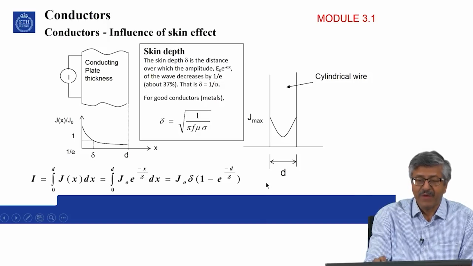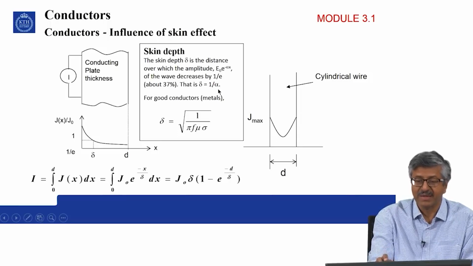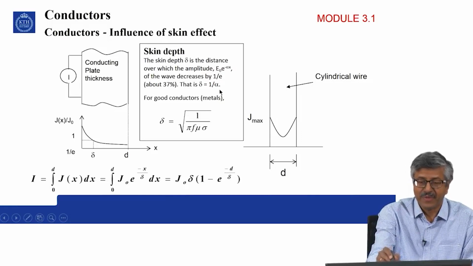If the wave amplitude is decreasing by 1 by e, that is about 37%, then that distance is called the skin depth. So, if you substitute in this, you can see that skin depth is nothing but 1 by alpha, the attenuation constant.